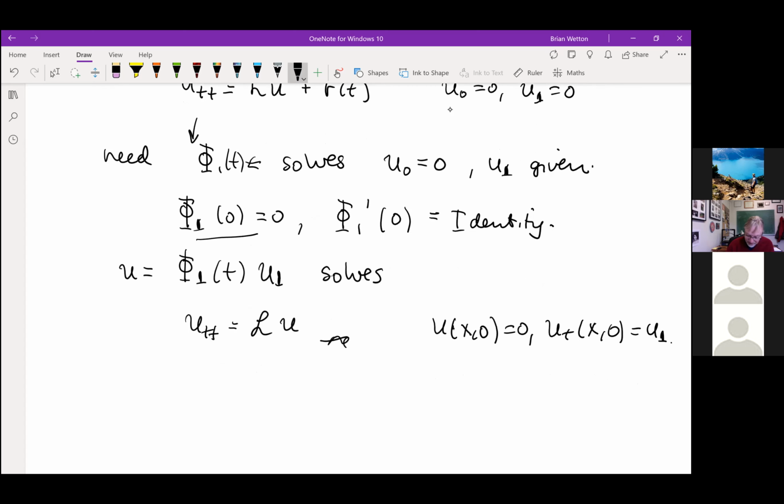So I built in the boundary conditions already in my discussion, but I also need that phi 1 double prime times u1 is L times phi 1 u1. This is any time and any u1.